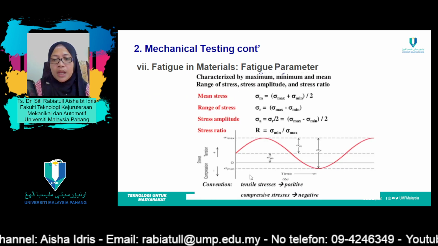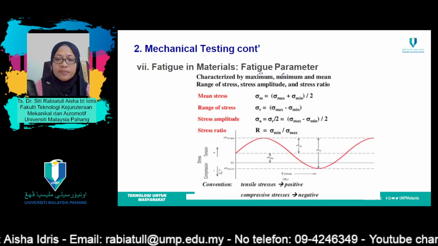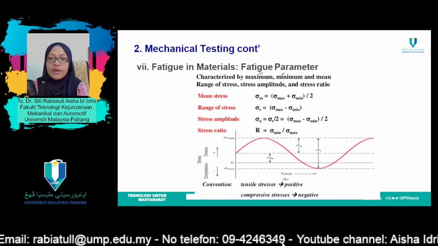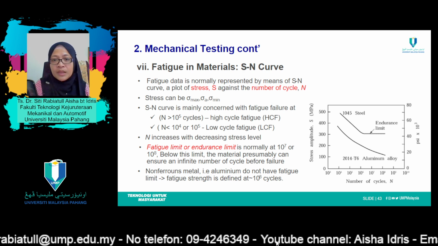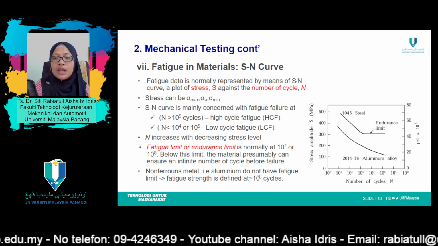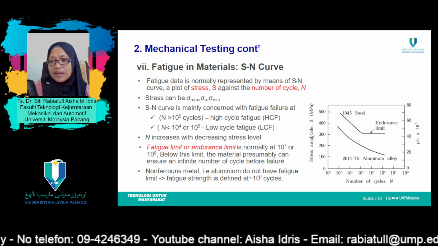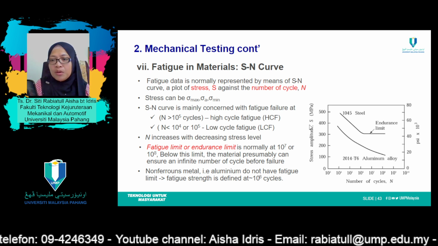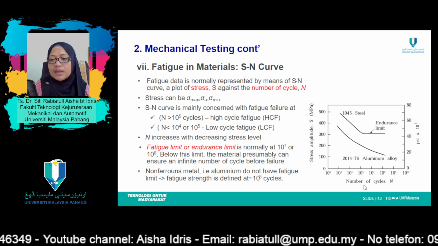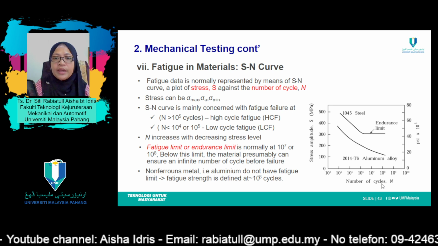After that, we should be able to get this type of graph with the parabolic shape over here. As for fatigue data, normally it is represented like this: stress amplitude, with the symbol S, versus number of cycles N over here.